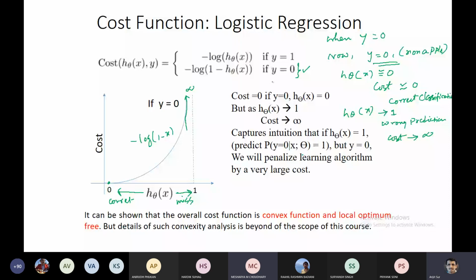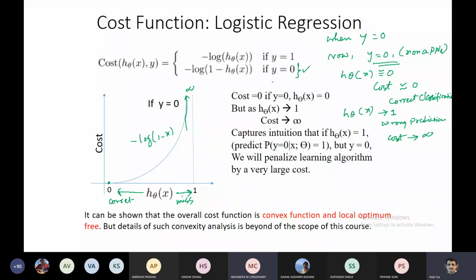It can be shown that the overall cost function is a convex function and the local optimum is free. If you join these two functions, it becomes convex. But the details of the convexity analysis, how we reach this convexity, are beyond the scope of this course, so we are not going to discuss them here.